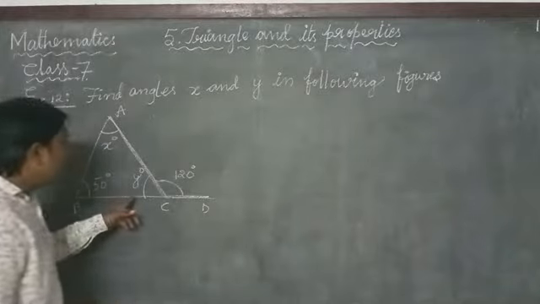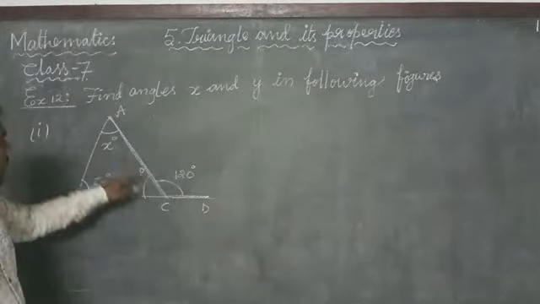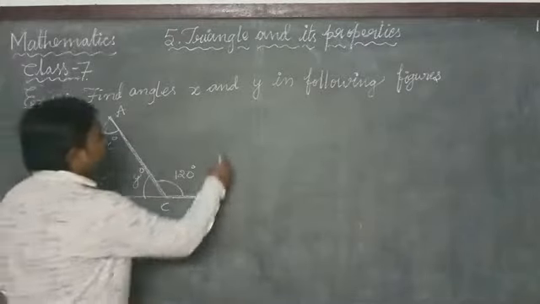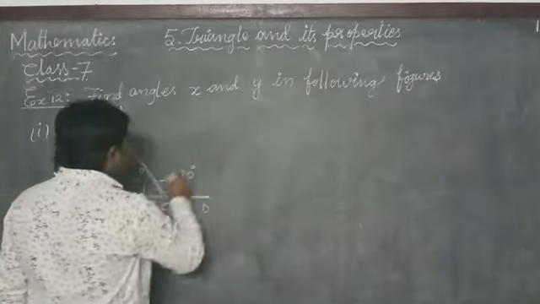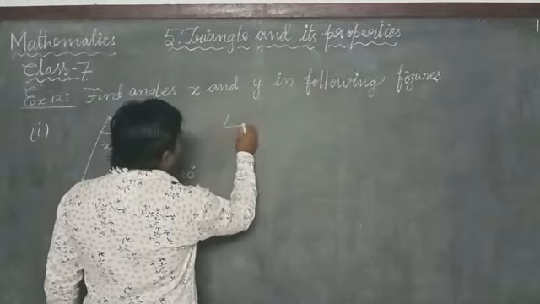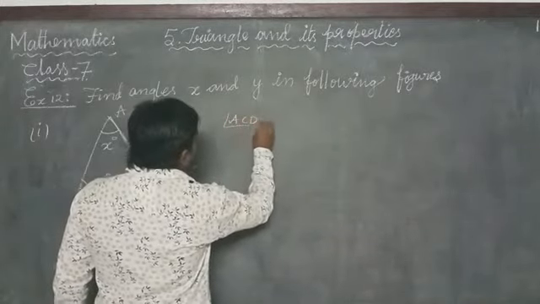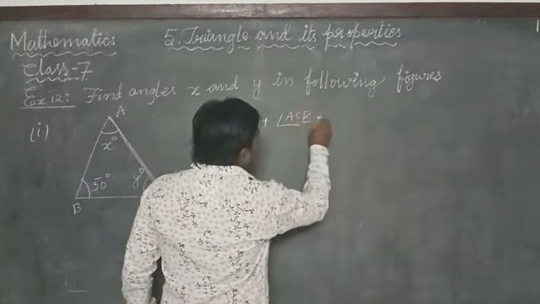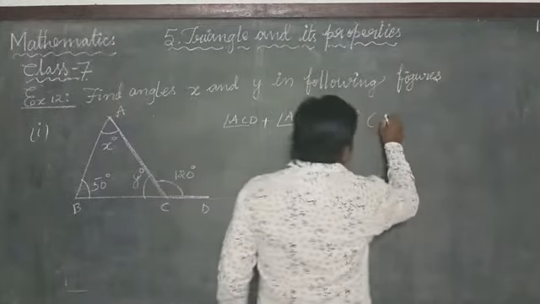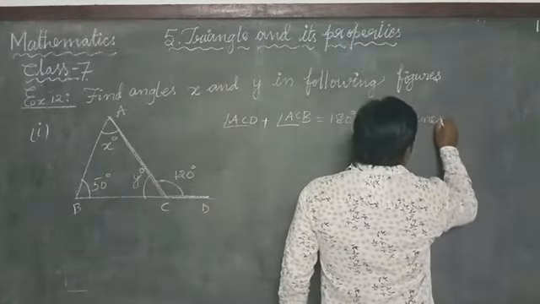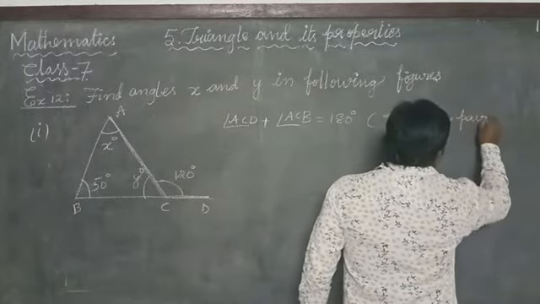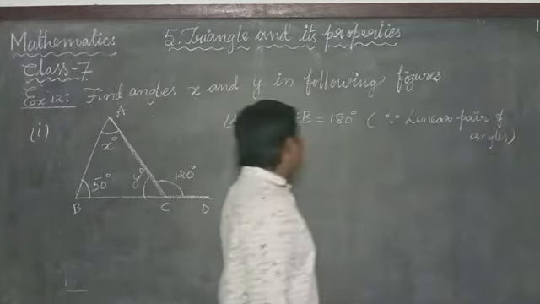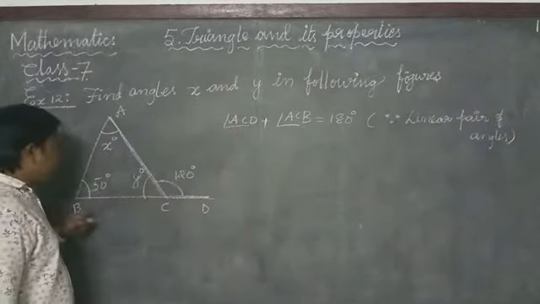From the linear pair of angles, angle ACD plus angle ACB equals 180 degrees.